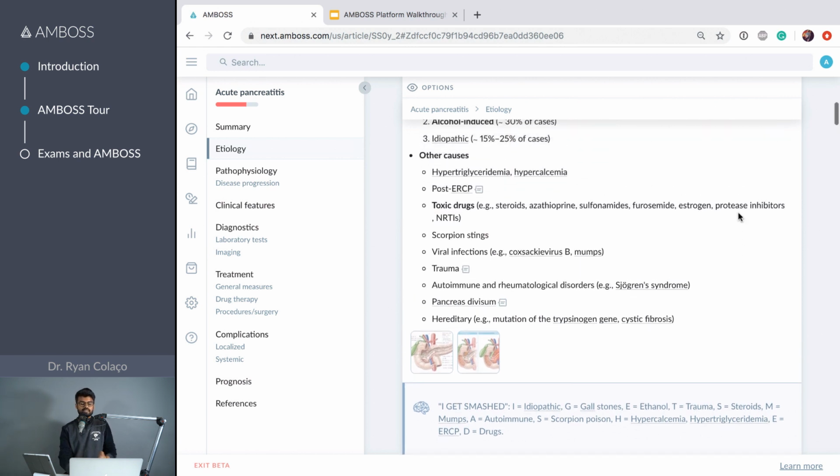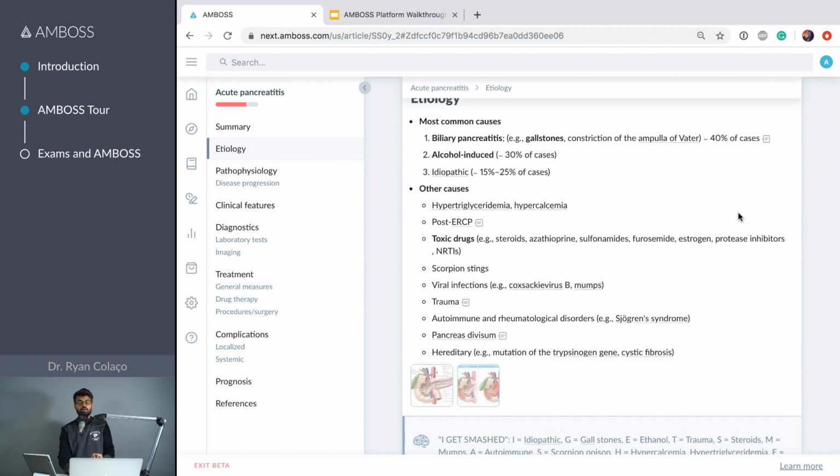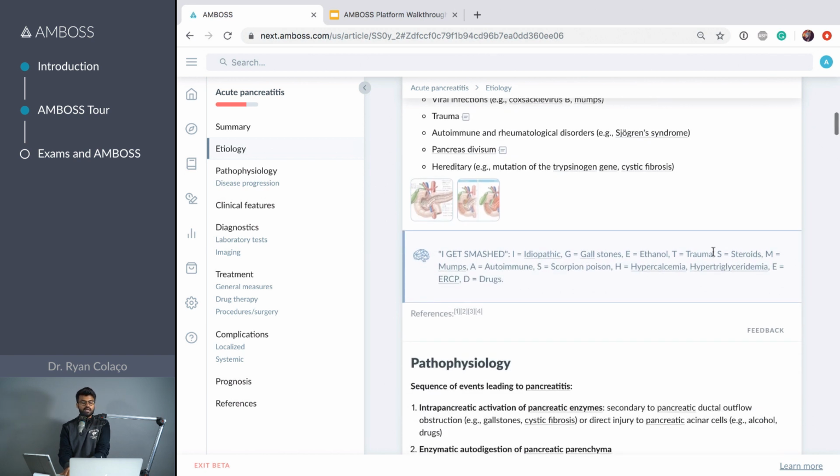What this translates to is that when you're reading from AMBOSS, you're not faced with a wall of text. But that does not mean that you are compromising on knowledge. It gives you all the rationale of why trauma could be a cause for pancreatitis. We also have these little funny mnemonics, as you can see.